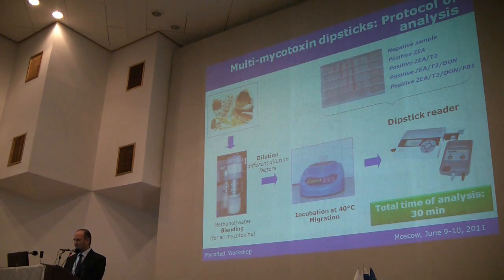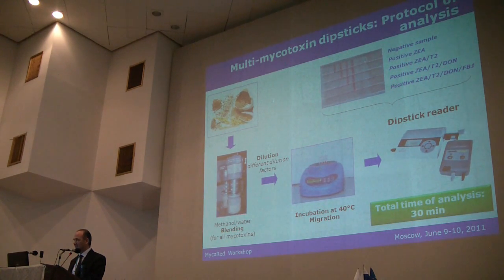The method that we have developed has a total time of analysis of 30 minutes. You need an incubation of the strip at 40 degrees Celsius, and this figure shows the results.